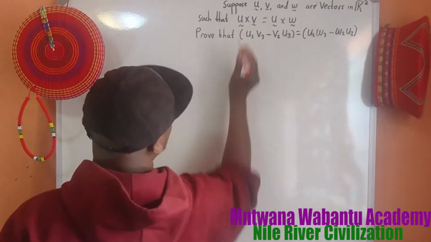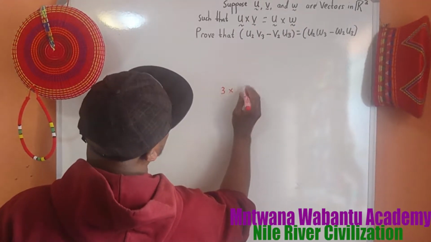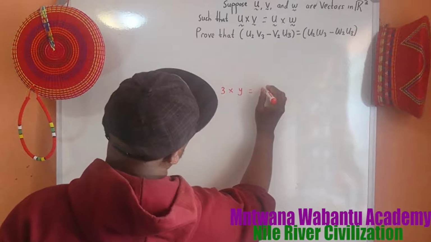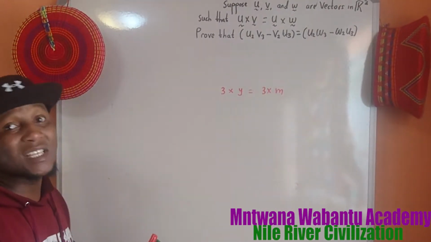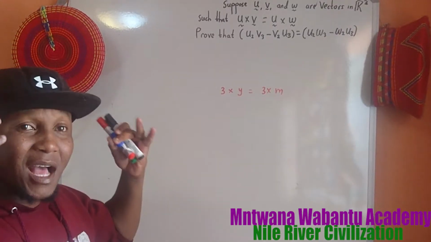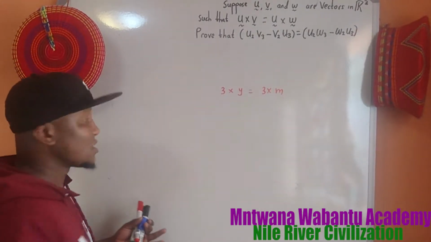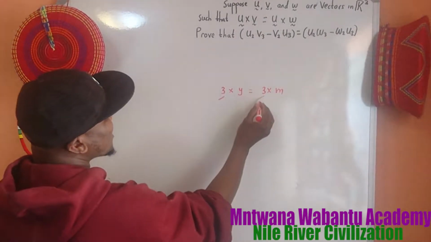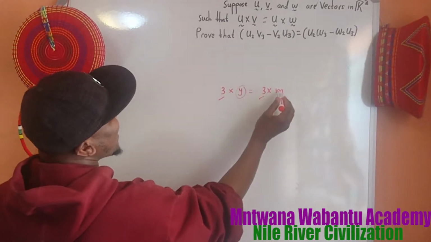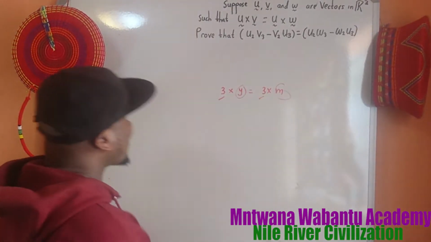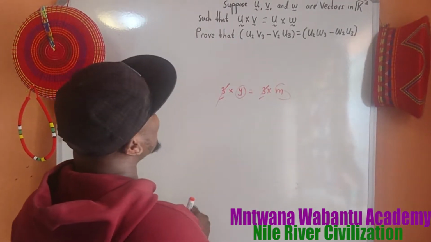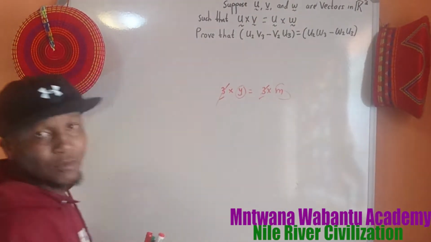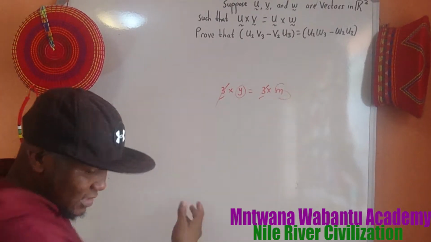It's like if 3 times y equals 3 times m, then the 3s cancel, so y equals m. These are grade 1 basic concepts. So for us to prove it, we know v and w have to be equal. It's obvious. So let's get to the business.